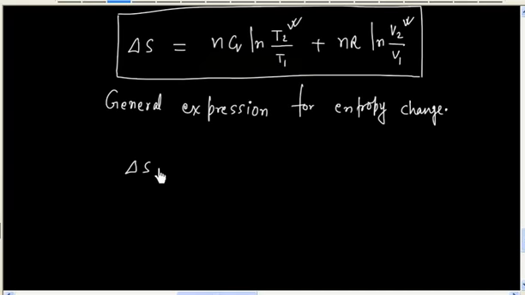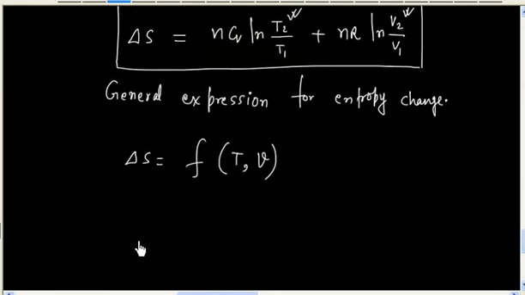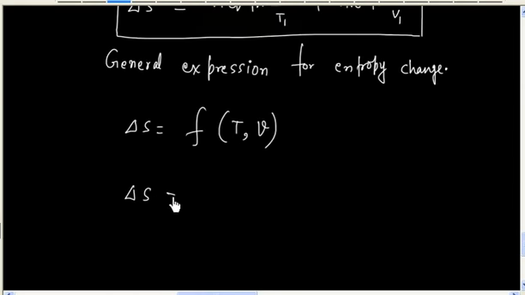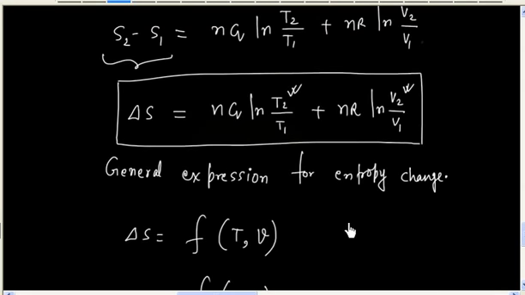So we have delta S as a function of temperature and volume. We can also calculate delta S as a function of temperature and pressure, which we will do in a separate exercise. For the time being, we have derived the expression for total entropy change in terms of temperature and volume.